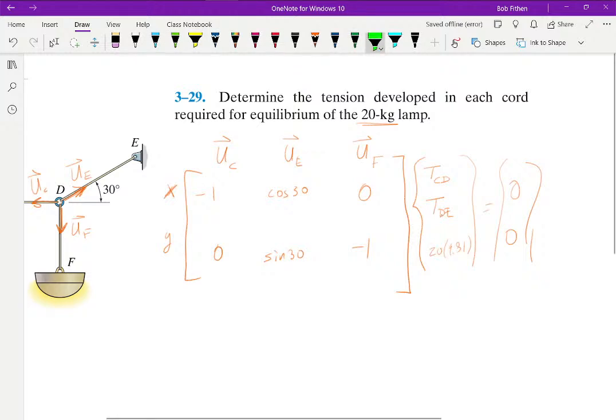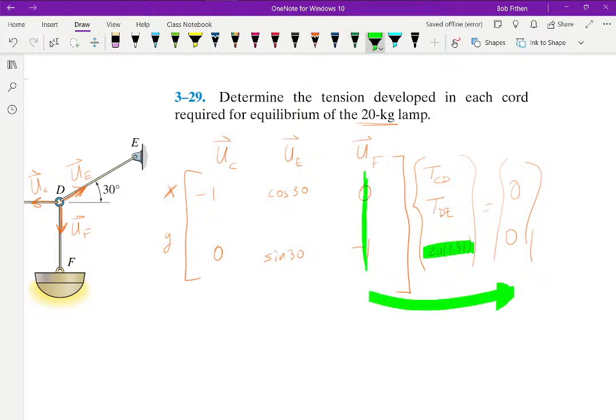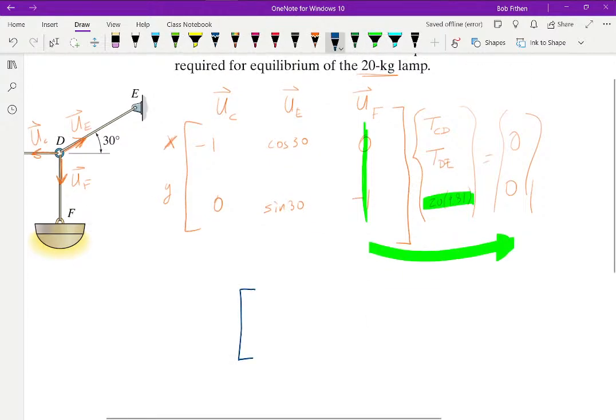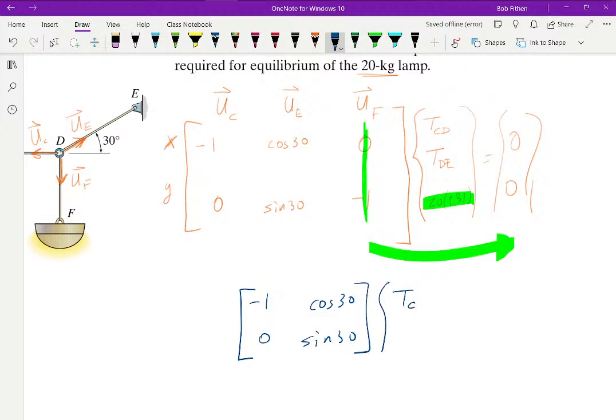So what I'm going to do now is take this, multiply that, move it to the other side. What you're going to see: minus 1, cosine 30, 0, sine of 30, TCD. Now, this is very unorthodox.